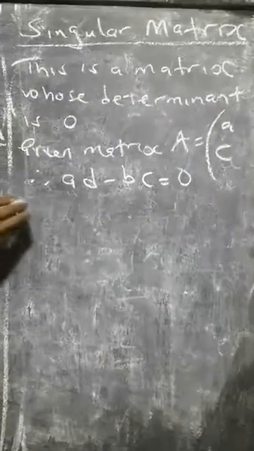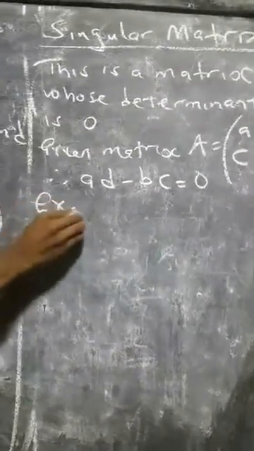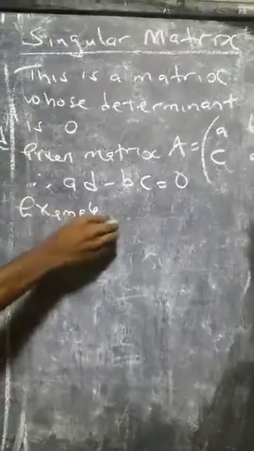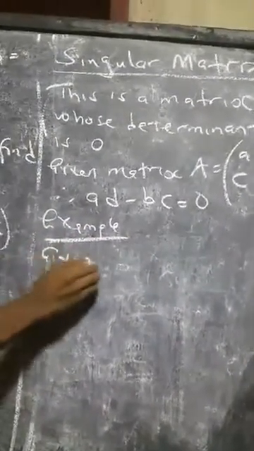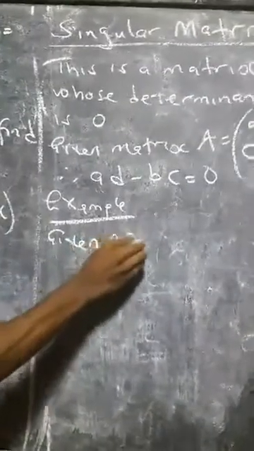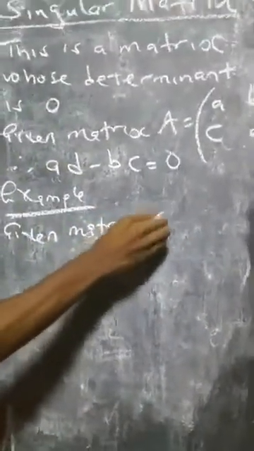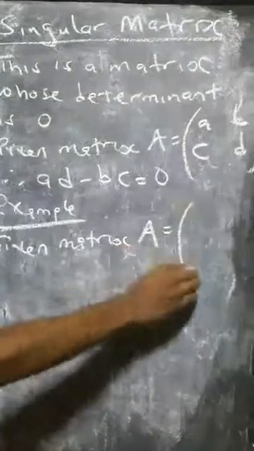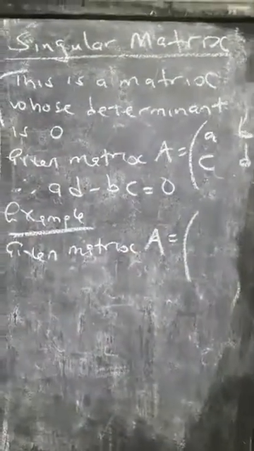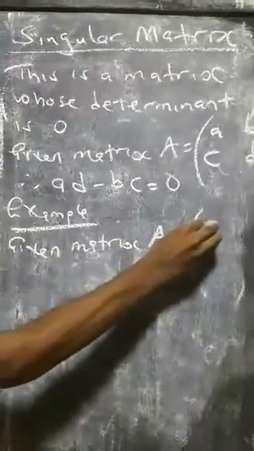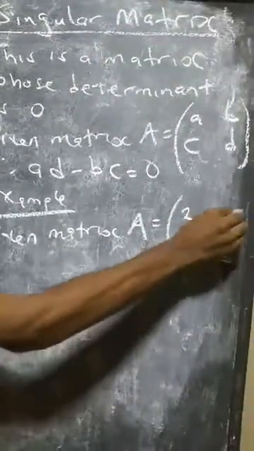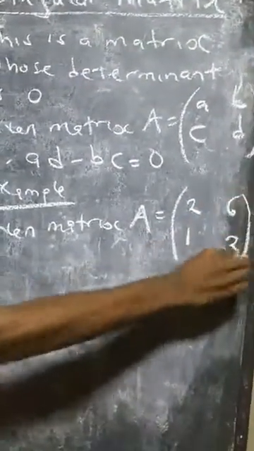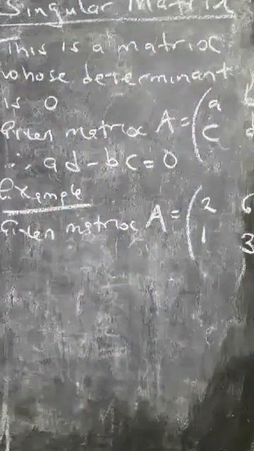So let's have an example of such a matrix. For example, if you have, let's say, given matrix A equal to 2, 3, 1 and a 6.